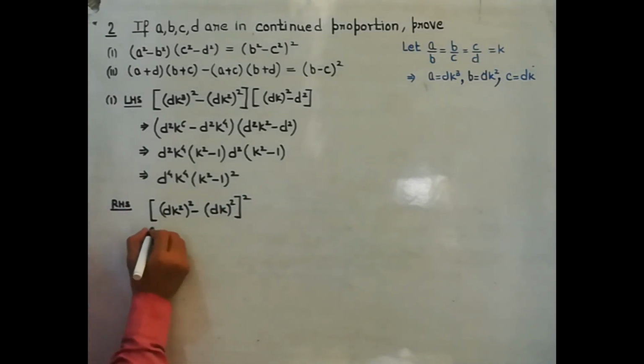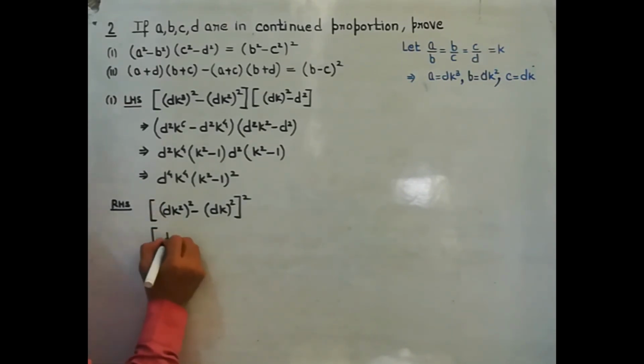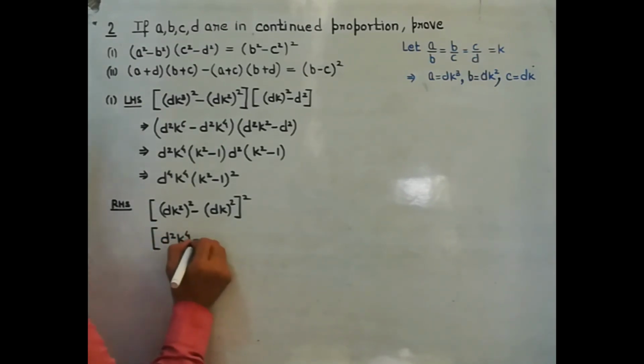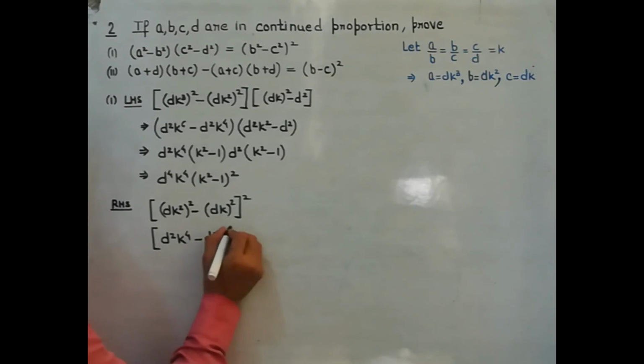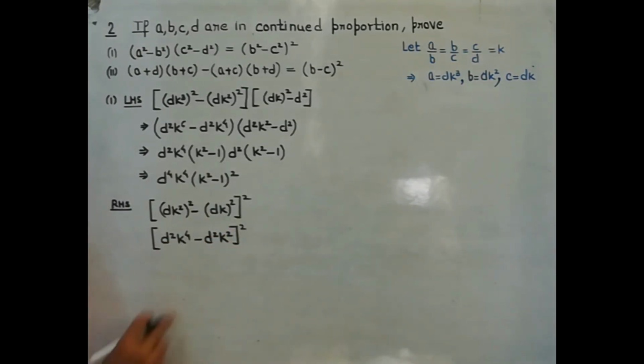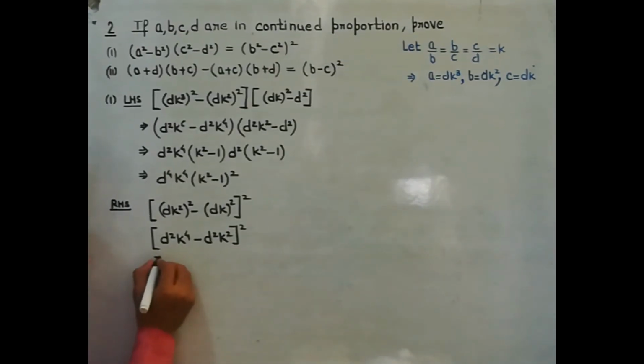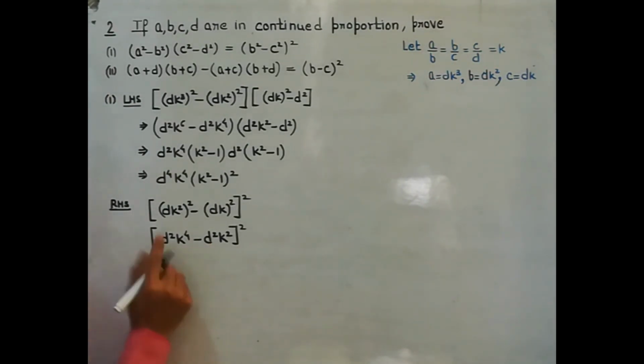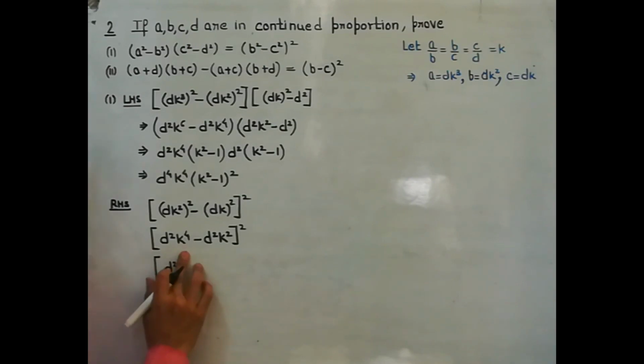Okay. Now see here, when you square it, d square k raised to power of 4 minus d square k square. Now within this bracket, you can take d square common and k square also common.